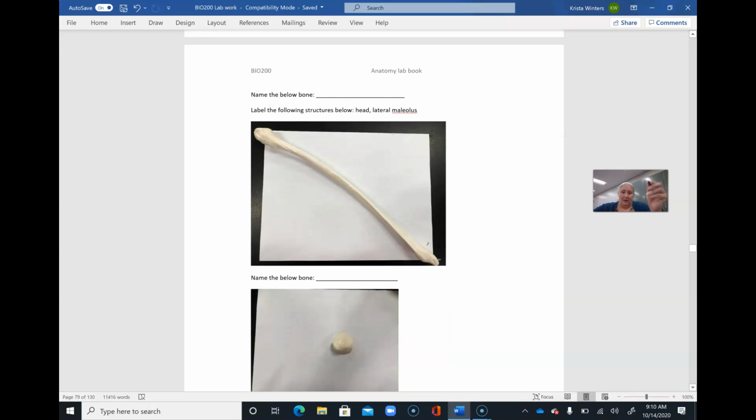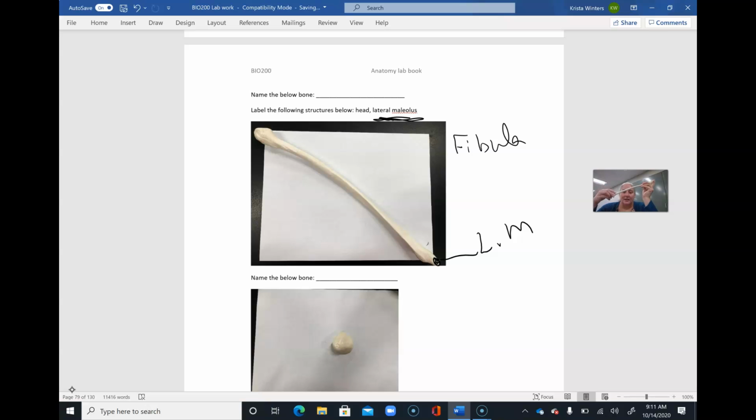So here we have the fibula, and the only part of the fibula we really care about is this flattened portion here, known as the lateral malleolus. And if you're wondering what the lateral malleolus is, it's right there.